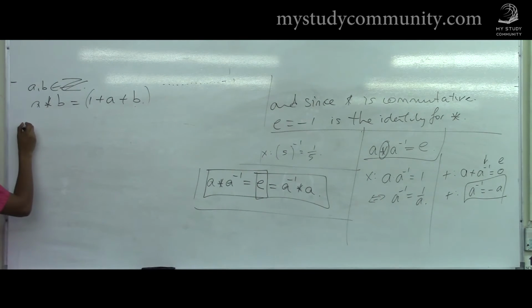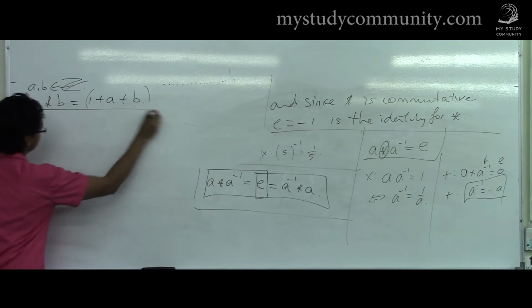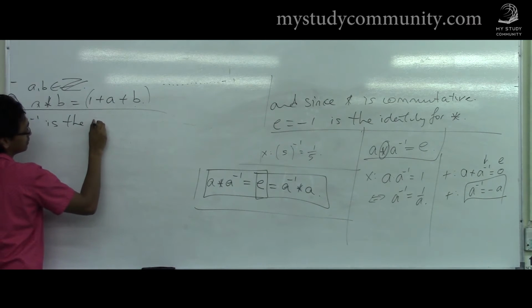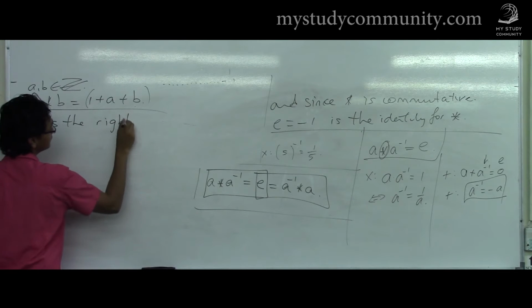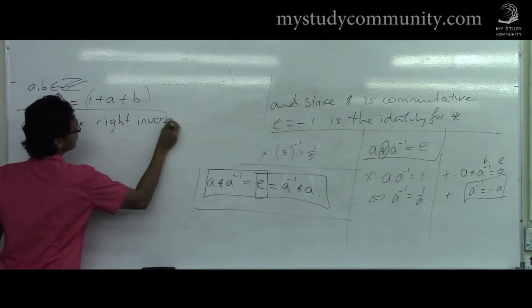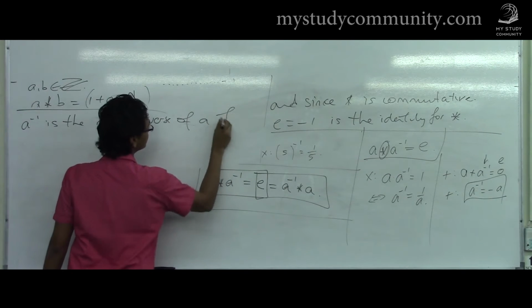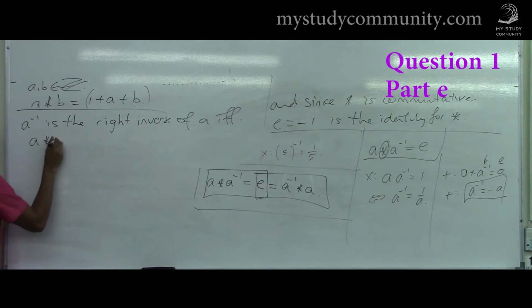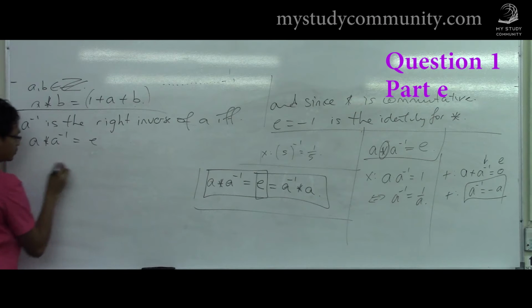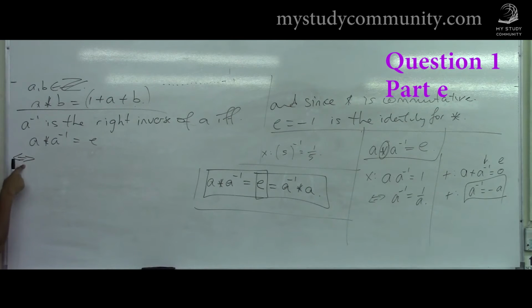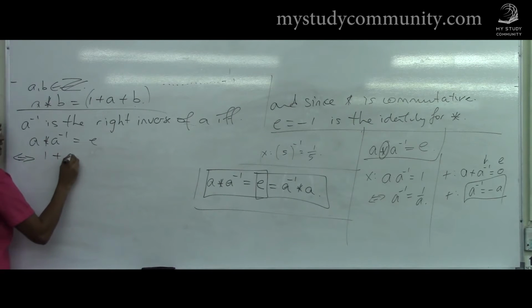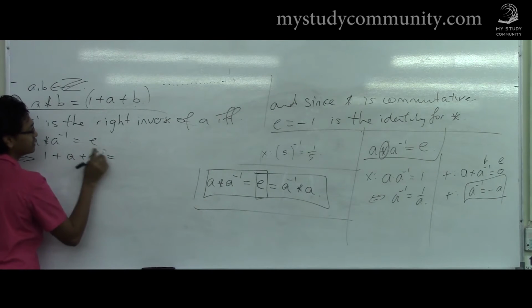So I want to solve. A inverse, I'll use right instead. Right inverse of A if and only if A star A inverse equals E. Please, if and only if means you can go both ways. A plus 1 plus A inverse equals E. But what is E?